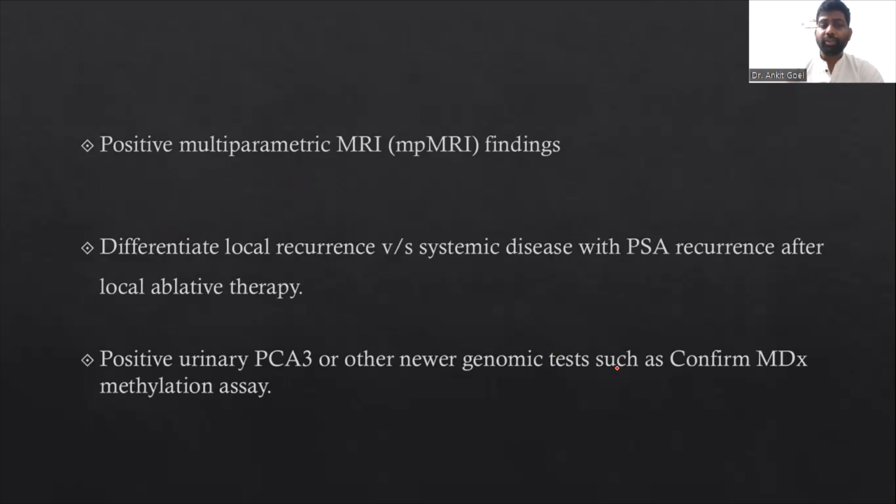In that case, we get a biopsy done. And if we need to differentiate between local recurrence and systemic recurrence in a patient with PSA recurrence after local focal therapy, in those cases we get a repeat biopsy. Sometimes positive urinary markers like PCA3 or tissue markers can even suggest a possibility of prostate cancer. In those cases also we get a repeat biopsy.